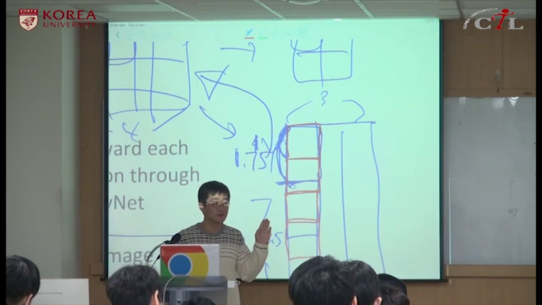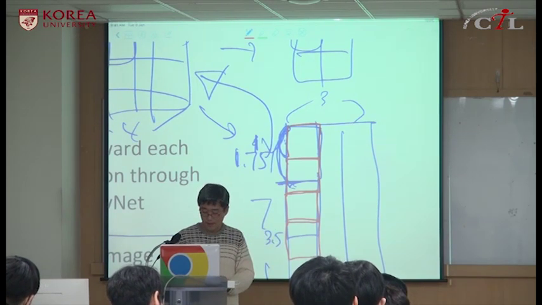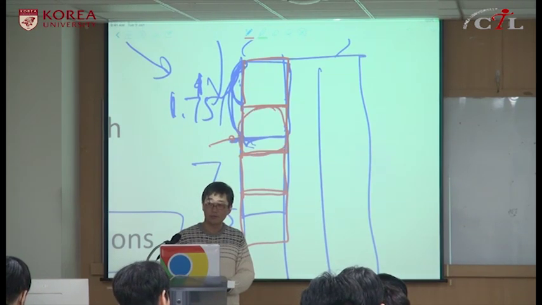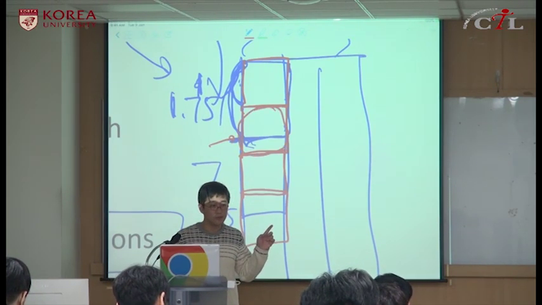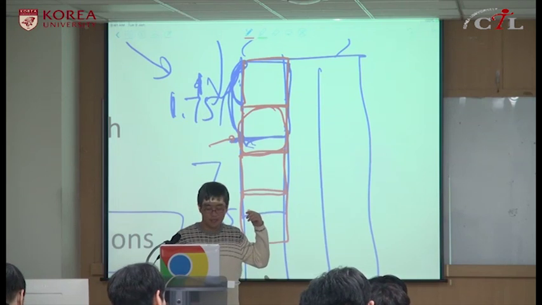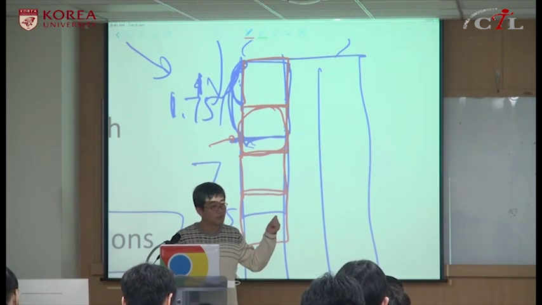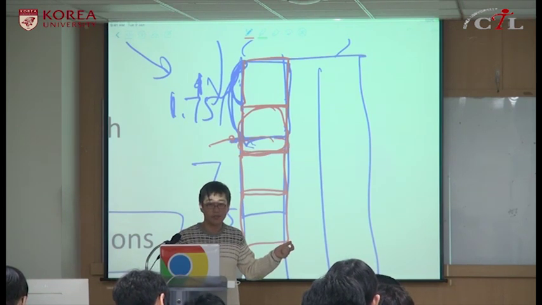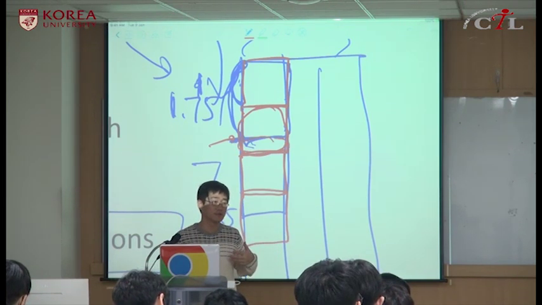Does it make sense? Okay, so let's think of this second pixel. The second pixel has the first pixel with the amount of 75% and 25% of the second pixel, right?